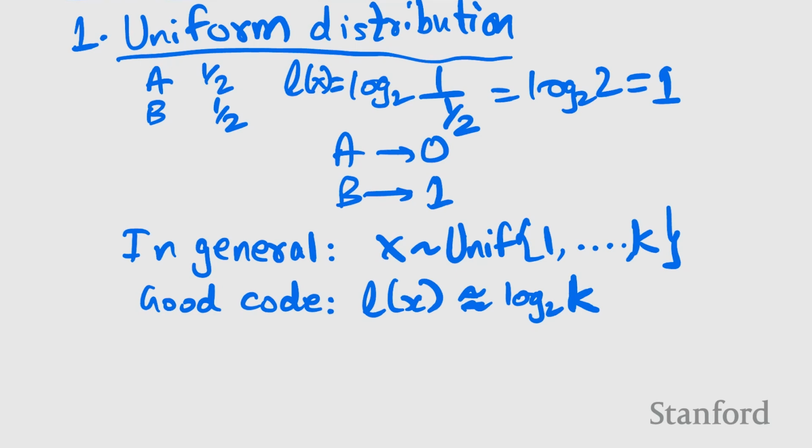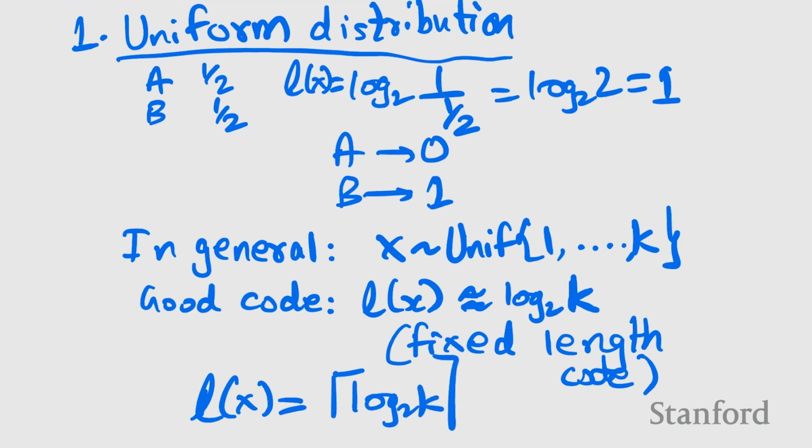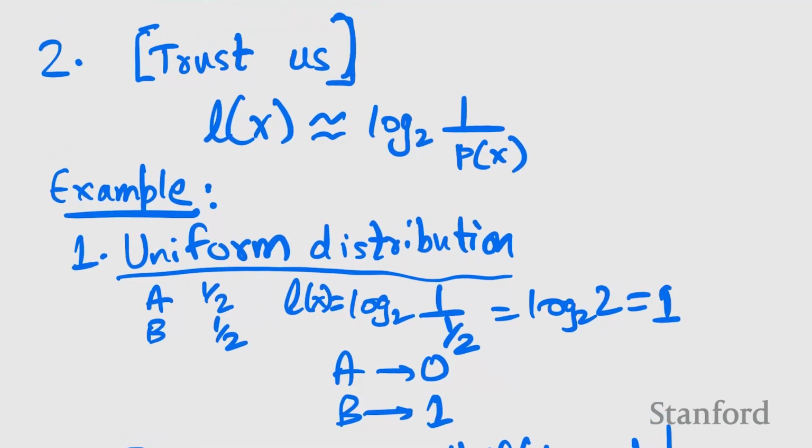And we already saw this, right? This is nothing new. We saw the fixed length code in the previous class and again in this class. So this is just the fixed length code that we know and love. But in general, the best you can do with a fixed length code is L(x) equal to the ceiling of log k, because the log might not be an integer. So already you see some justification for this property.